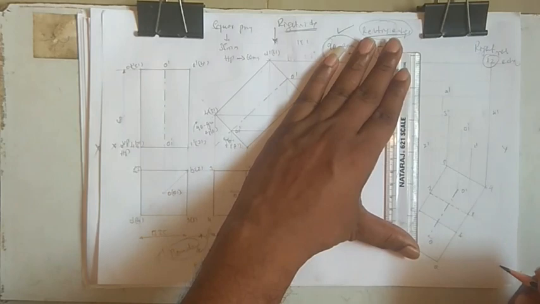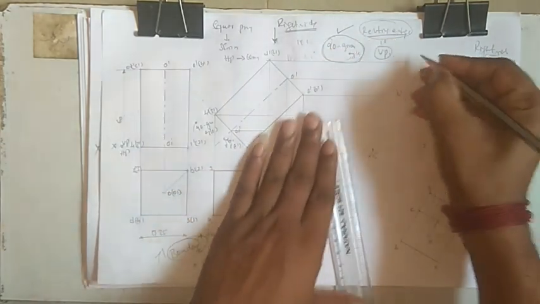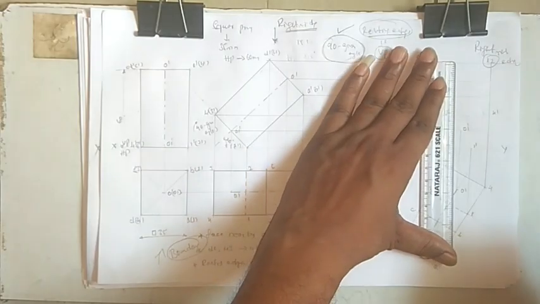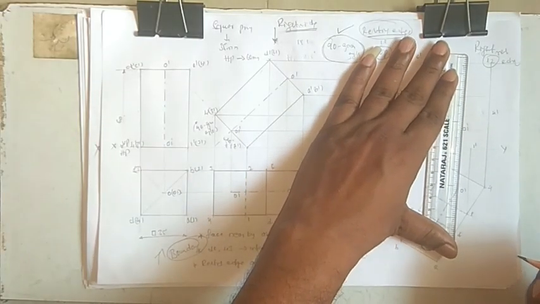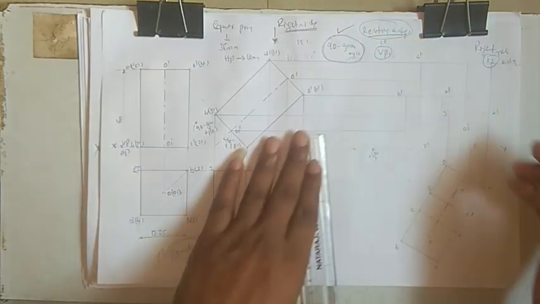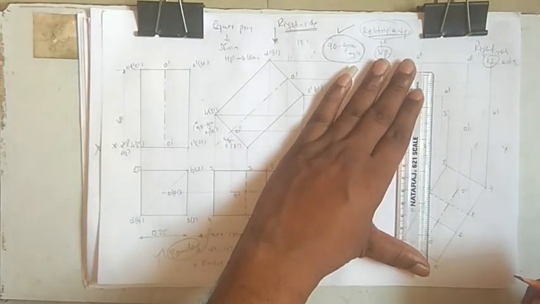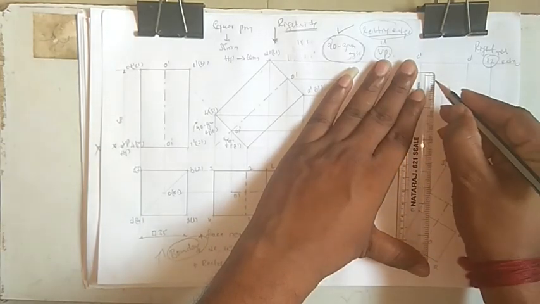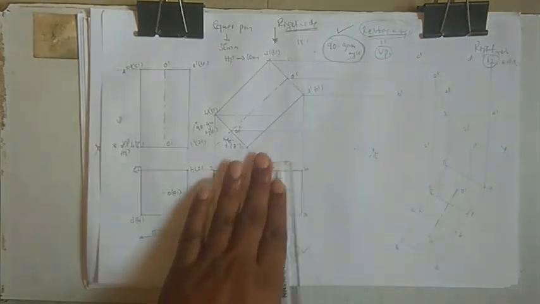So C. So C dash, and the last one is D. So this is D dash. So we are left with the O. This is our O dash.